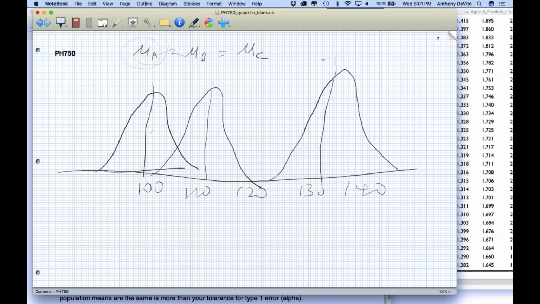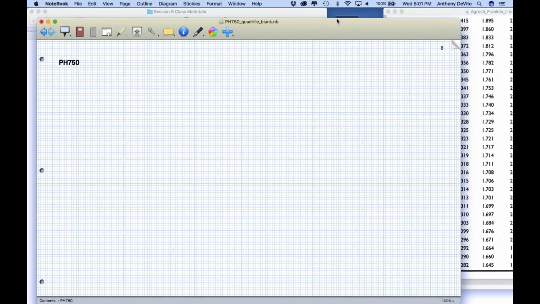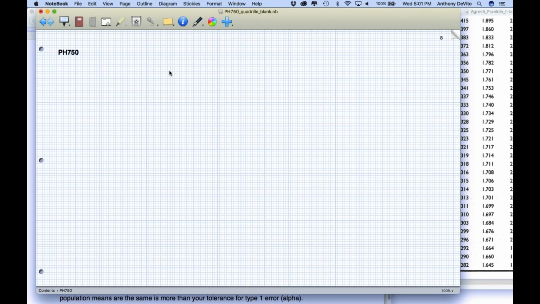Well, maybe I can take advantage of that. And the way I can take advantage of that is I can look at the variability within the groups and the variability between the means.